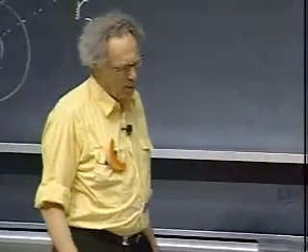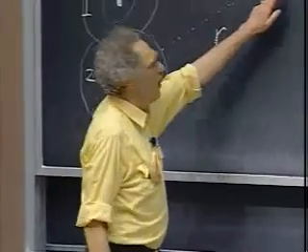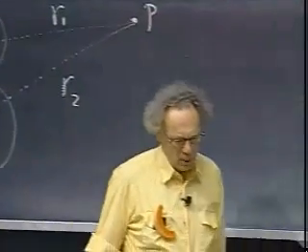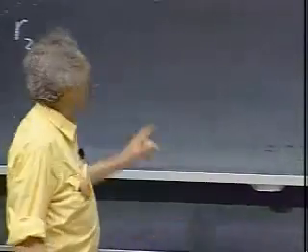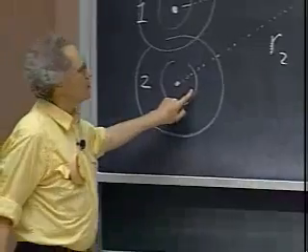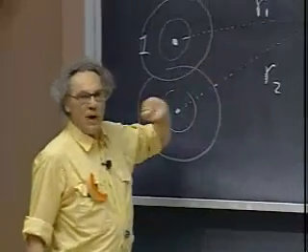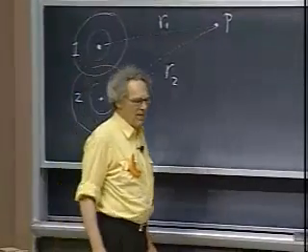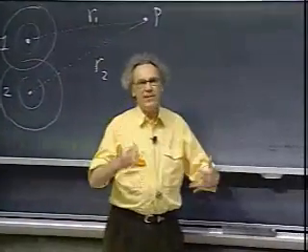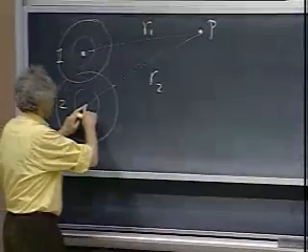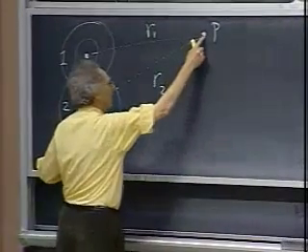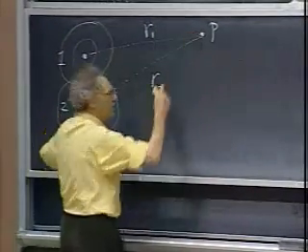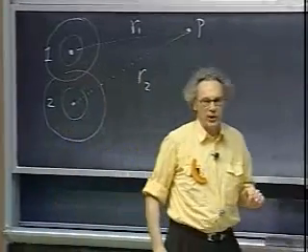Now if we look at the superposition of 2 waves, in this case at point P, and we make the distance large, so that r1 and r2 are much, much larger than the separation between these 2 points, then this fact that the amplitude of the wave from 2 is slightly smaller than the amplitude of the wave from 1 can then be pretty much ignored.